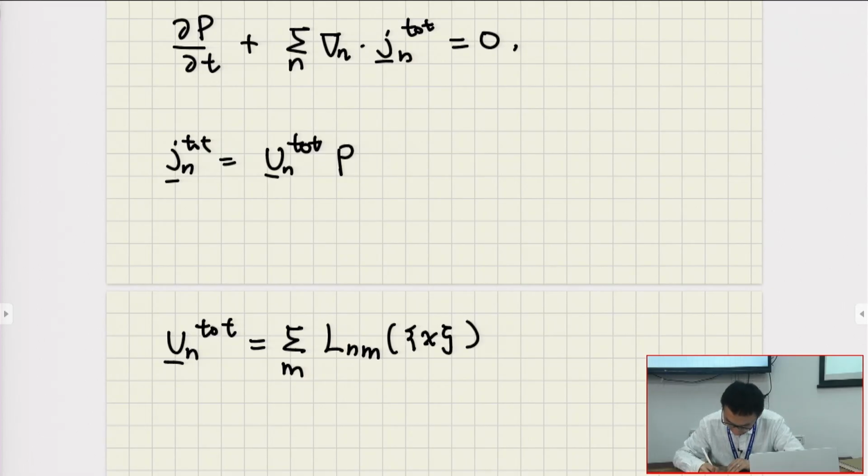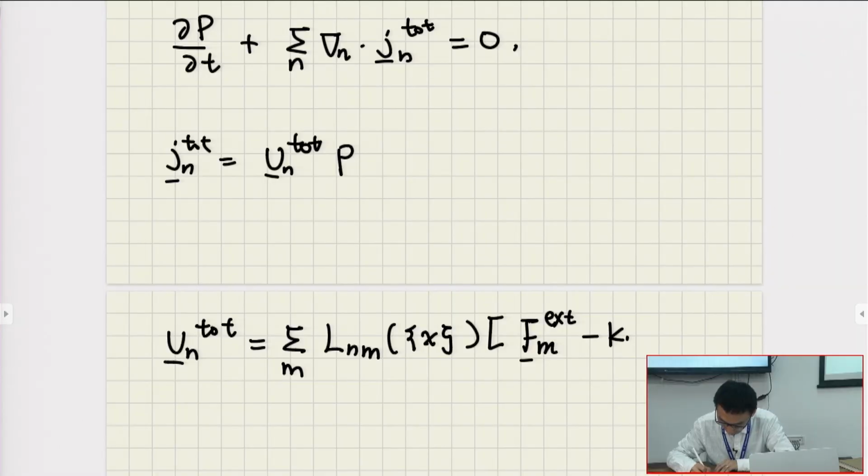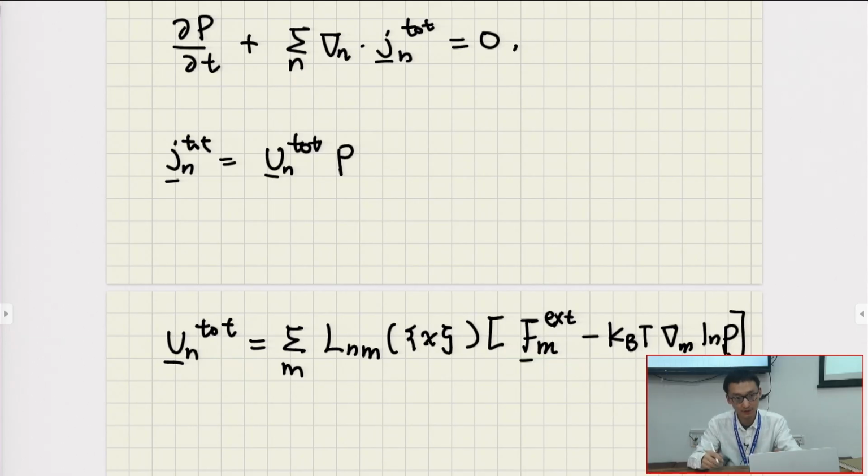That's multiplied by, so you could have an external force applied to M, and you would have the Brownian part, kBT, gradient of the nth coordinate, log of P. So that's a direct generalization of the one particle equation that we looked at.